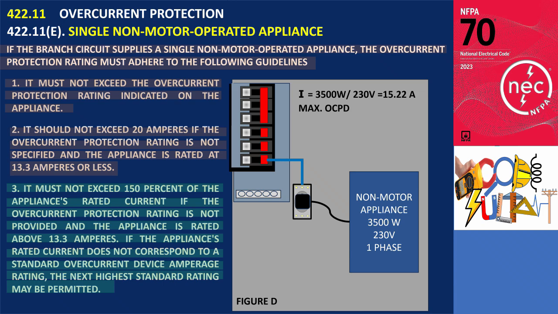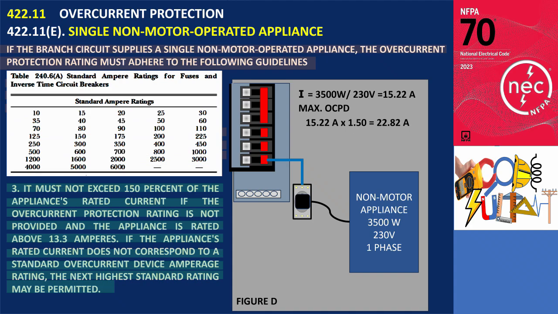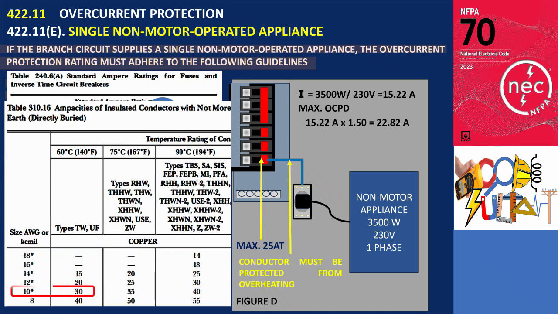Therefore, we multiply 15.22 amperes by 150%, resulting in 22.82 amperes. However, since 22.82 is not a standard rating, guideline number 3 permits us to use the next highest standard rating. Thus, a 25 ampere overcurrent protective device is appropriate. Furthermore, the minimum conductor size must be 10 AWG, with an ampacity of 30 amperes.